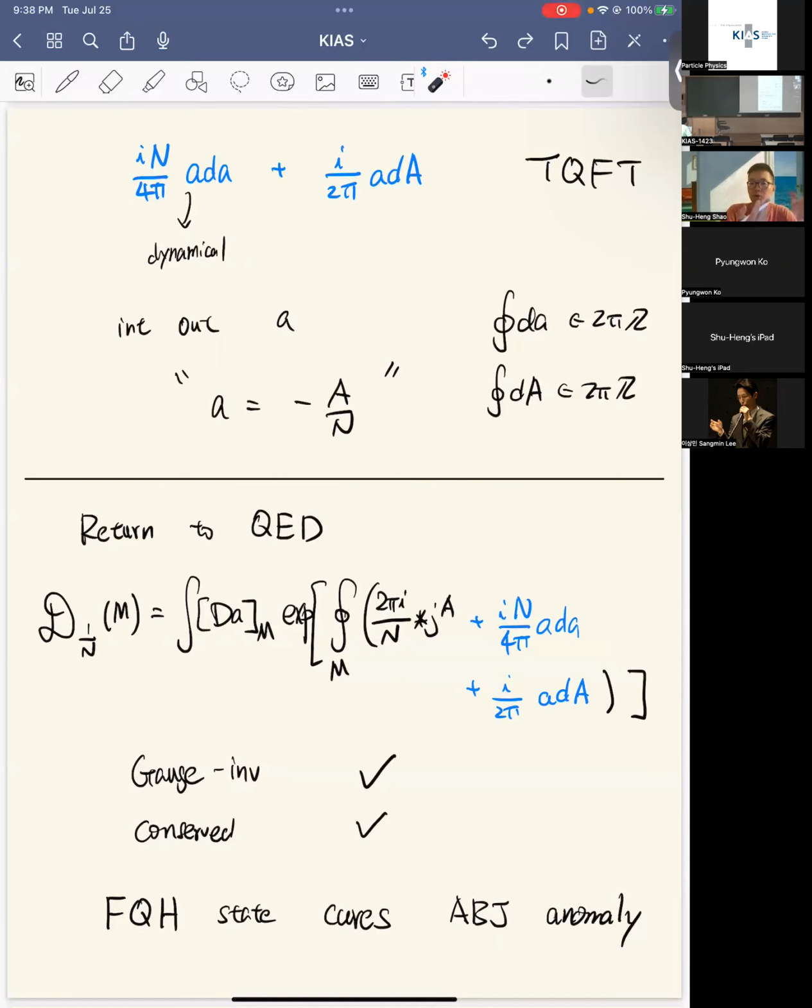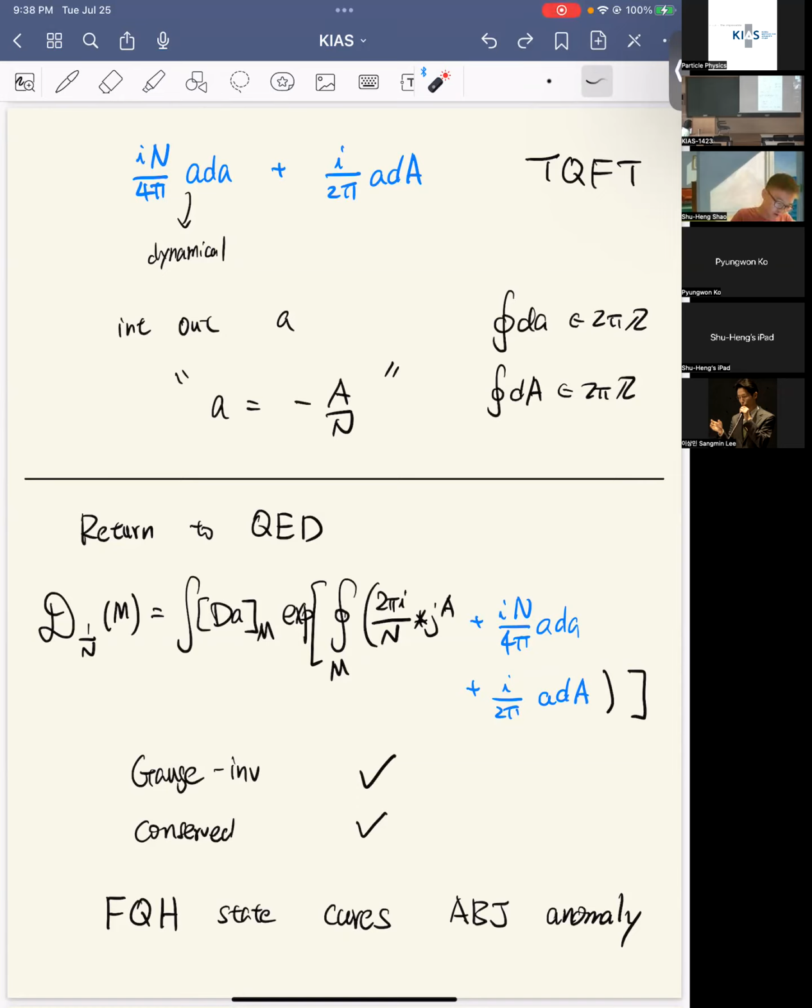Oh, I see. It's like an impurity. Now I understand. So you want to define this kind of operators. Fine. Okay. This a is contained in the very definition of the operators. That's right. Thank you.